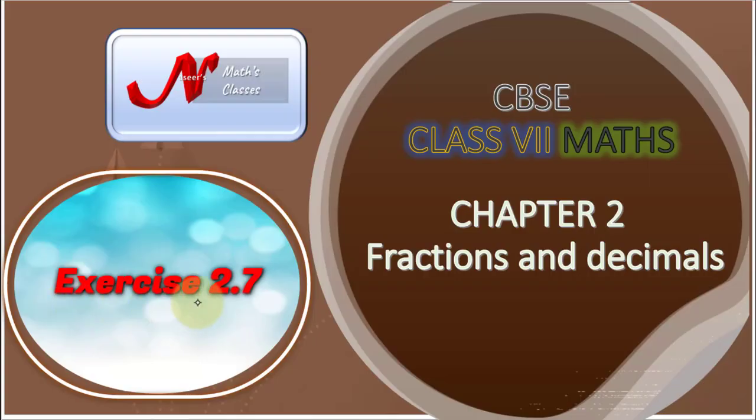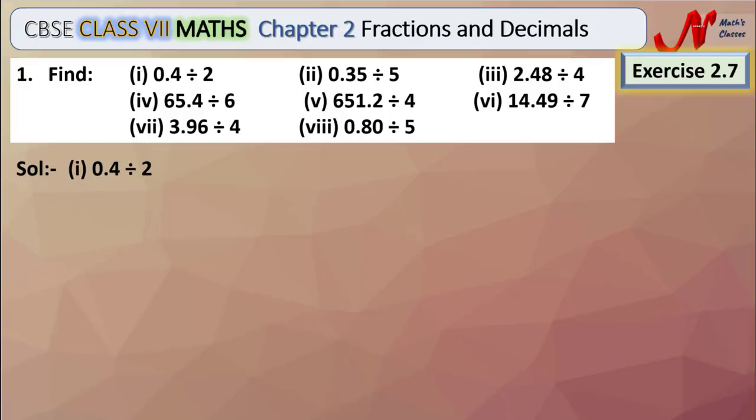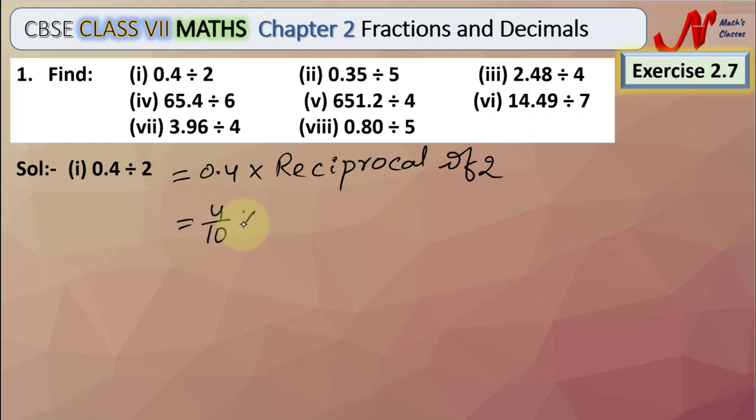Now we solve exercise 2.7 problems. Now we solve the first problem. In the first problem there are 8 bits given. In the first bit it is given 0.4 divided by 2. To solve this we write 0.4 into reciprocal of 2. So 0.4 can be written as 4 by 10 into reciprocal of 2, which is 1 by 2.